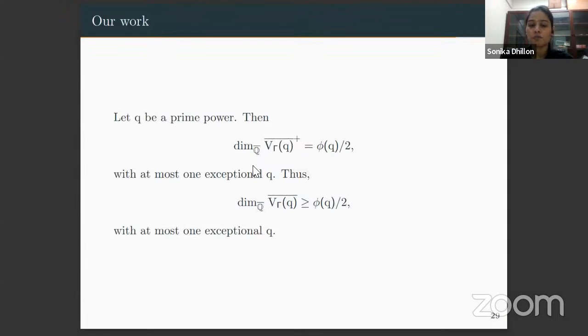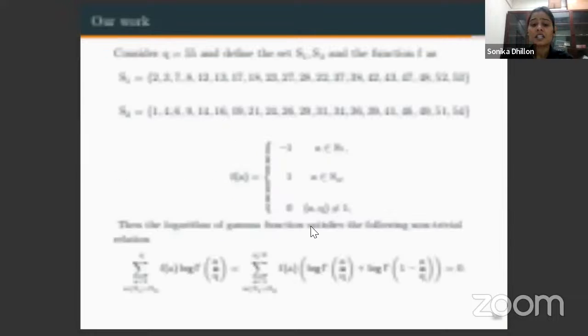In that case, we have proved that the dimension of the positive subspace is phi(q)/2, and hence, as a whole, the dimension of this vector space is at least phi(q)/2. Here we have taken all the prime powers with at most one exception, and then without using Schanuel's conjecture, we have proved that the dimension of this vector space is at least phi(q)/2.